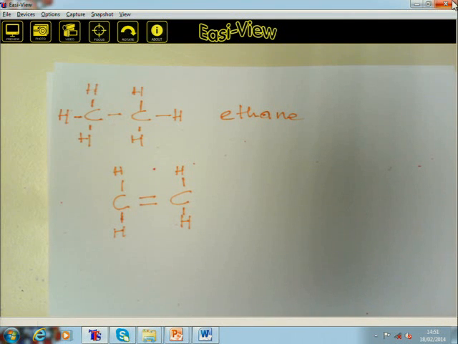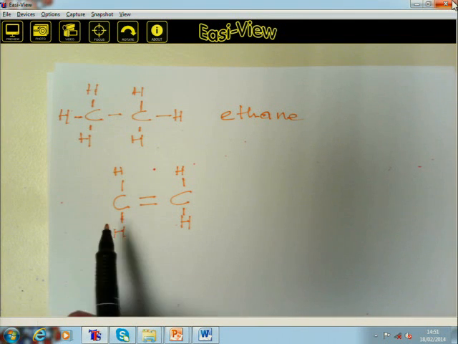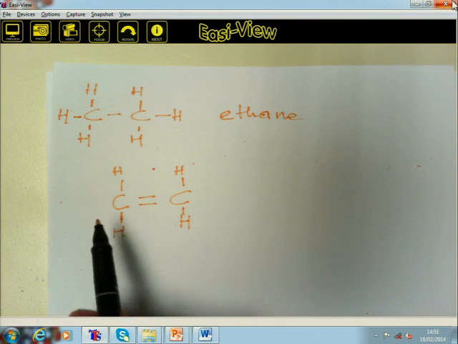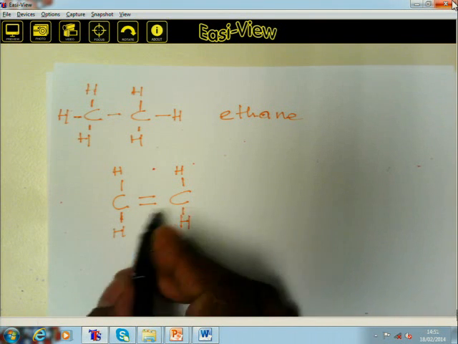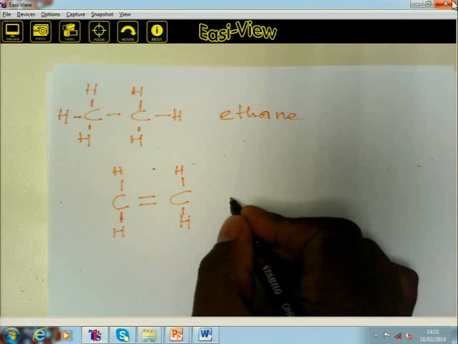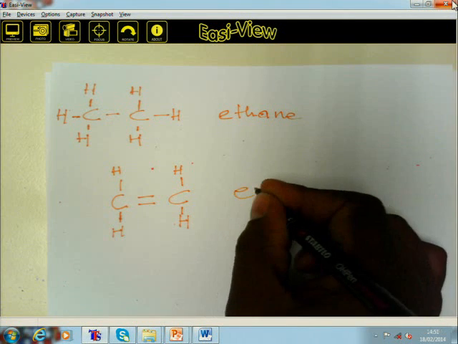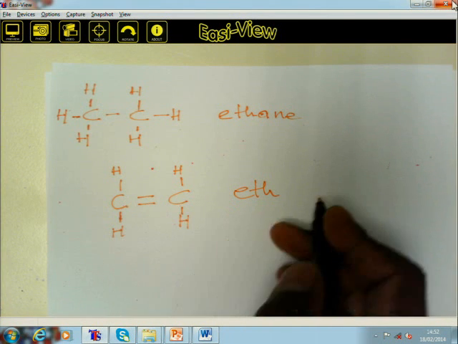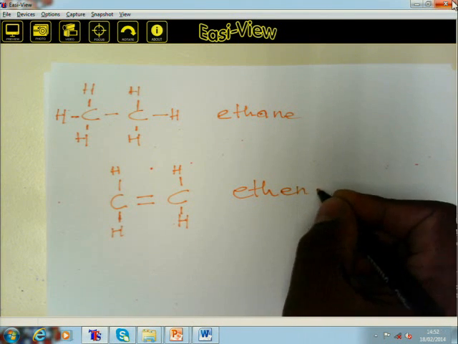You must always try to check that you have 4 bonds around each carbon, because sometimes you will make a mistake of putting another bond there, and then there will be 5 bonds around one carbon, which is incorrect. So this one, because it has 2 carbons, we know that it will start with eth, and then because there is a double bond between 2 carbons, it will end with ENE.